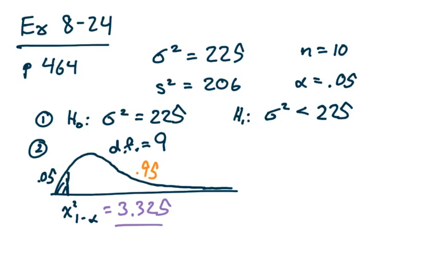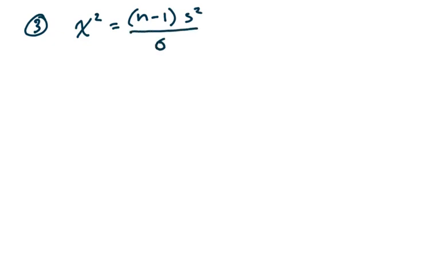Now, step 3, we'll compute the test statistic. So the way we do that is it's a chi-squared value. It's going to be n minus 1 times s squared, all divided by sigma squared. And we substitute n in place of n, we're using 10, so n minus 1 becomes 9.